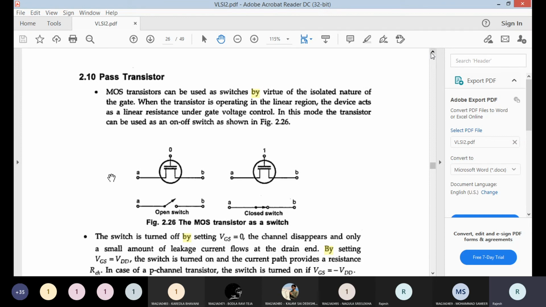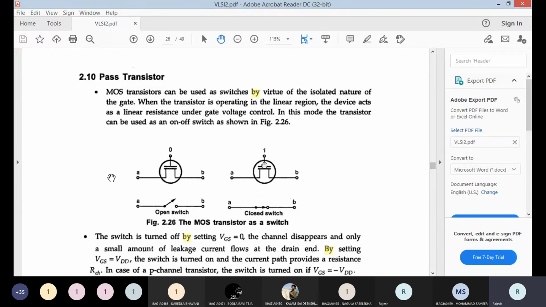But if you apply some positive VGS, then it is like a closed switch connecting your source and drain. That is the switch model, but in real, the minimum voltage required to establish the channel is the threshold voltage. So if VGS is logic 1, V out is V in.